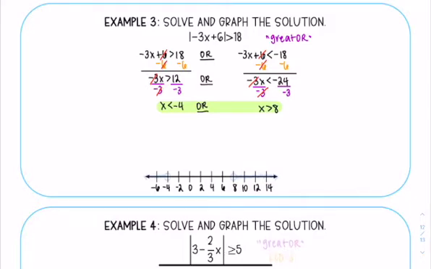So we are going to have an open dot on 8. And we are going to have an open dot on negative 4. Now because it's x is less than negative 4, we are going to shade to the left-hand side. And because x is greater than 8, then we shade to the right-hand side. And because it's an OR inequality, then we take everything that's shaded as an answer.